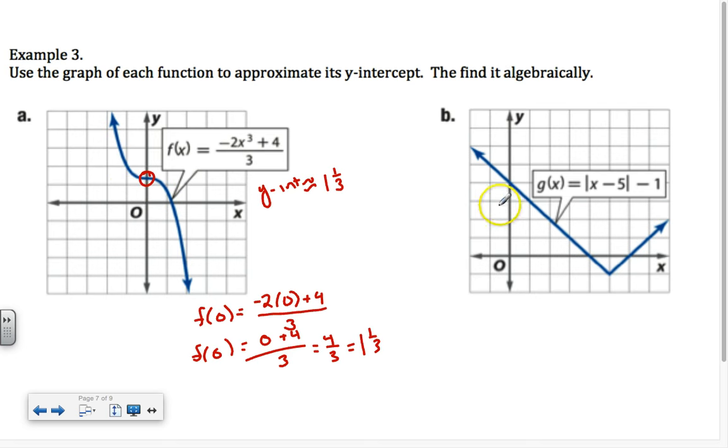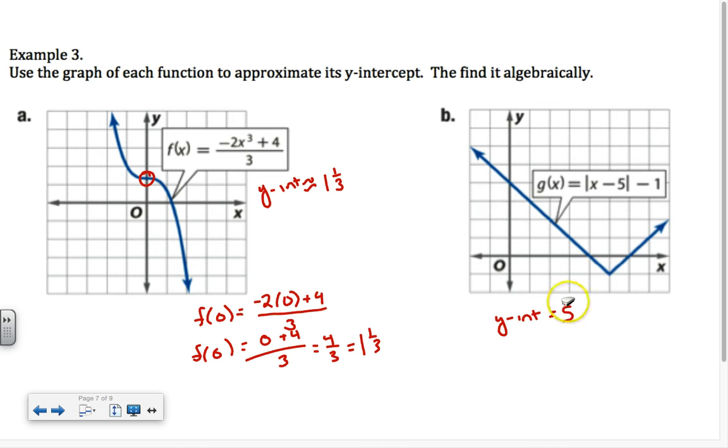Similarly, we could do the same thing here. If I look, it looks like the y-intercept of this function is 1, 2, 3, 4, 5. So this is looking like the y-intercept is approximately 5. In order to justify it algebraically, we're just going to find the intercept. And did I say 5? 1, 2, 3, 4. Sorry, my fault.